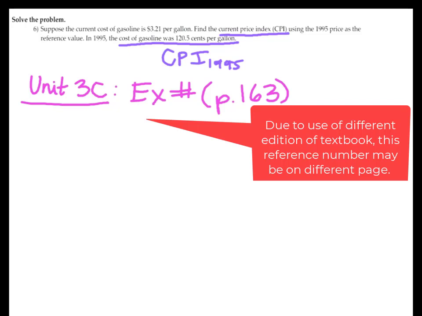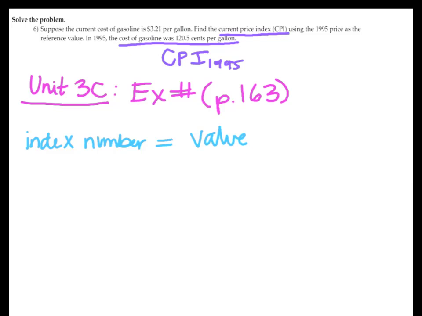Okay. And for this problem, we can use the formula for index number, which is value over reference value times 100.